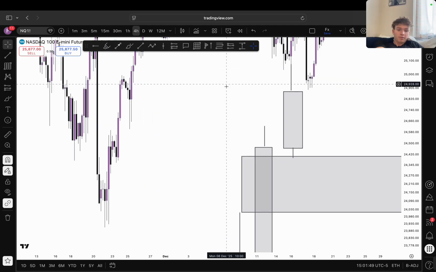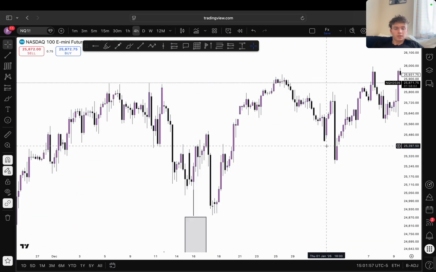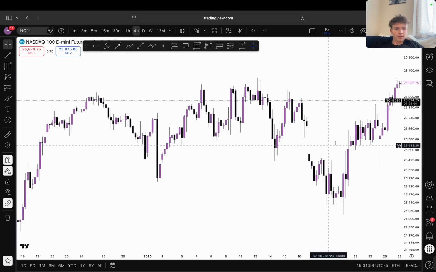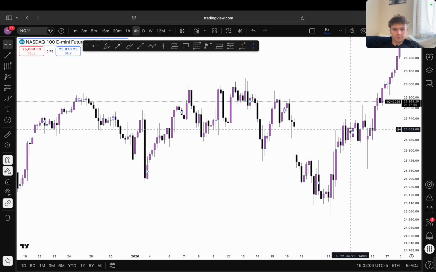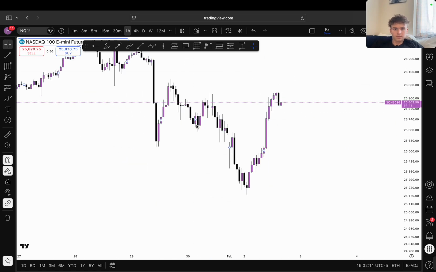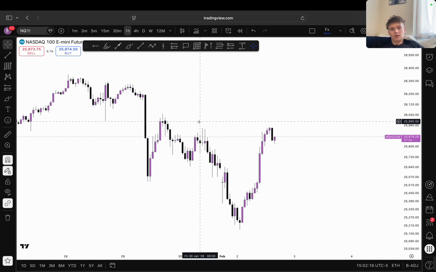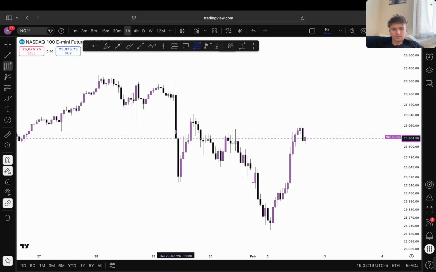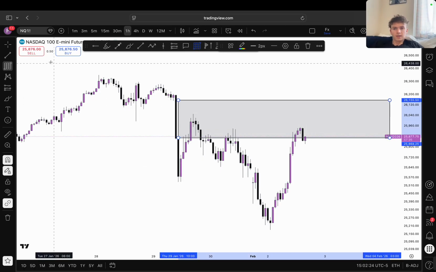So a normal fair value gap is when there's a price gap and there's no closure below it. Let me find an example of a respected fair value gap and then a disrespected fair value gap. Here there's a pretty big fair value gap, right?